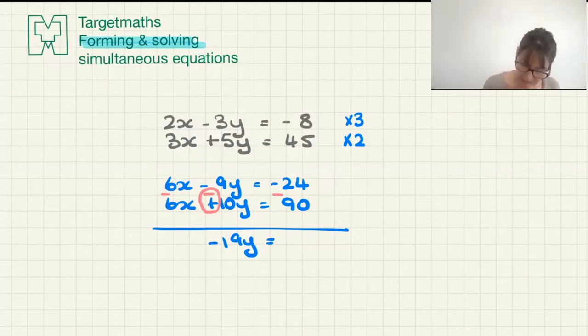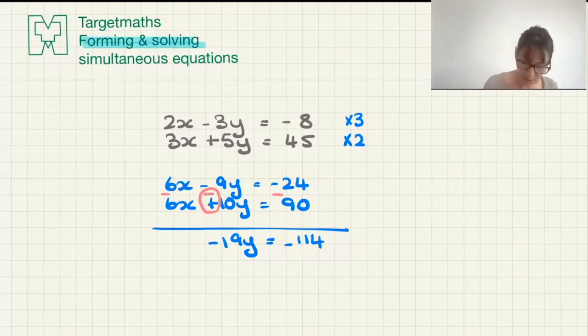That is going to take me to minus 114. As I say, that bit there is where it can often go wrong. So show those signs, do the ringing, and do everything that you can to help yourself not make an error, because once it's gone wrong at that stage, it's going to throw everything out.